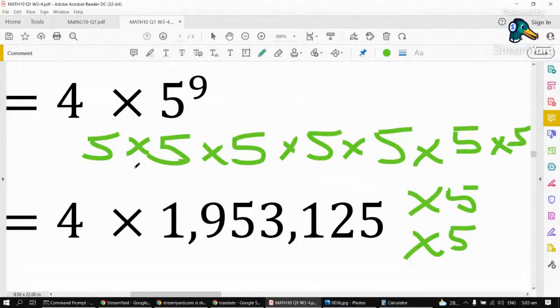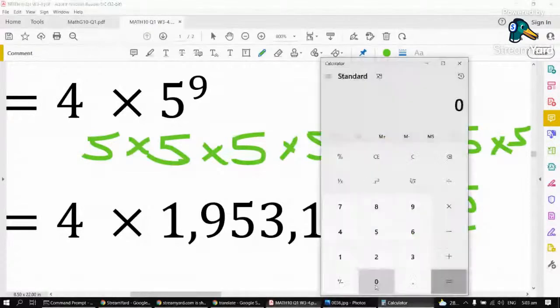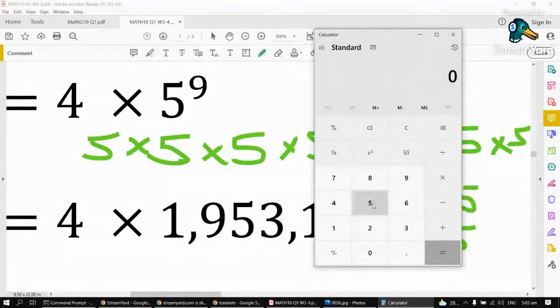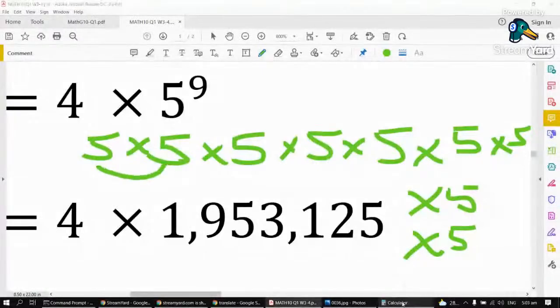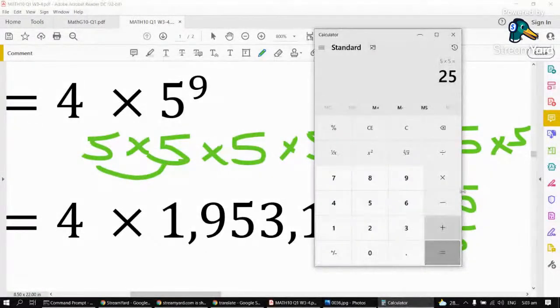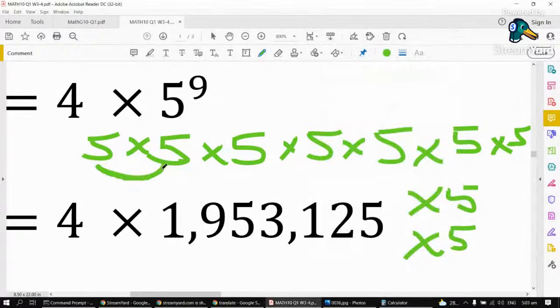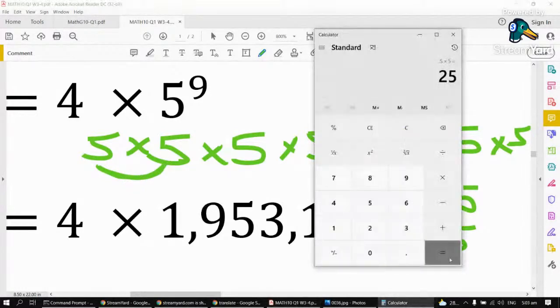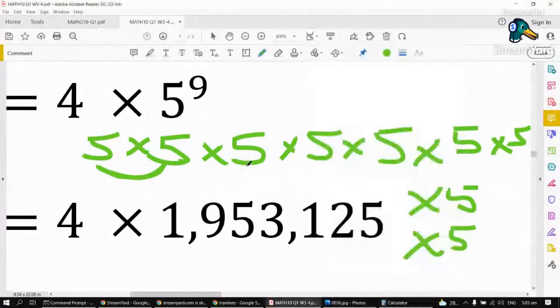Siyam na beses, 9 times, i-multiply mo 'yung 5 sa sarili niya. So, ang gagawin mo sa calculator, 5 times 5. Pag pinindot ko 'yung equals, 'yun 'yung sagot ng dalawang 'yun. Pag pinindot ko 'yung equals, 'yun 'yung sagot nito.